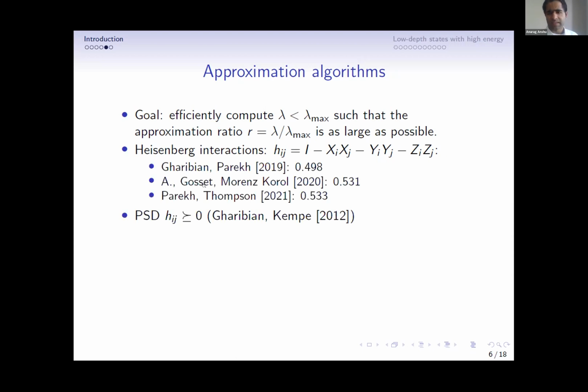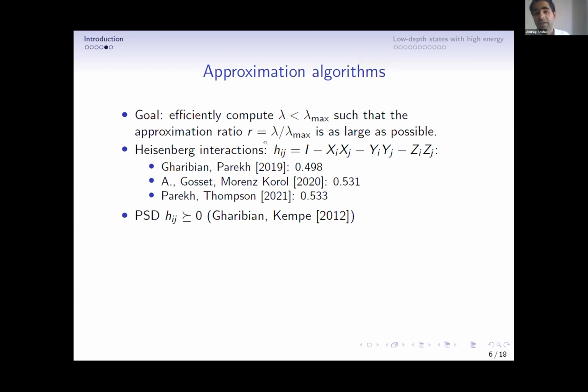But there is a series of results that have helped me progress on this problem. For example, the result of Gharibian and Parekh from 2009 gave a 0.498 approximation algorithm for this problem. That means they gave an algorithm which, on any instance, outputs a value lambda.